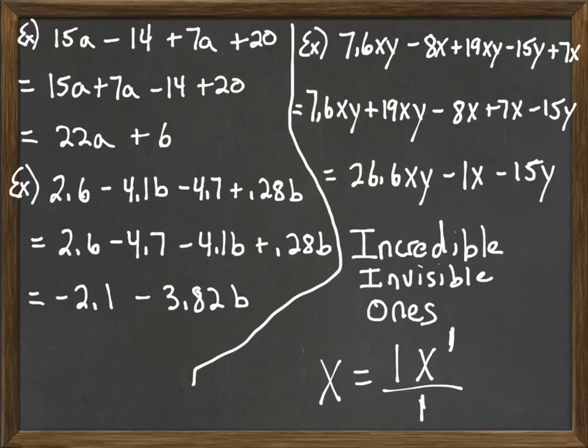First of all, every variable that doesn't have a number in front of it has a 1 in front of it, although we often don't write it. And every variable that doesn't have an exponent written on it has a 1 as its exponent. And every variable that's not part of a fraction has a 1 in the denominator, whether we write it down or not. And so we bring these ones out when it's convenient.